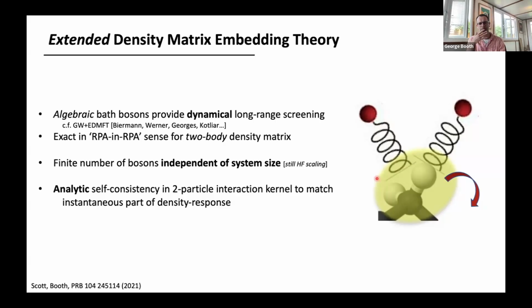That's the number of bosons that you have to deal with. And that makes sense because it's essentially the number of particle-hole excitations on the fragment of interest. So the advantage is that this directly gives you a finite quantum impurity cluster that you need to solve, but also that you only need to solve for the 1 and the 2 body reduced density matrices, the instantaneous parts of the correlation functions. You don't need to solve for the whole frequency dependence in order to do the self-consistency.